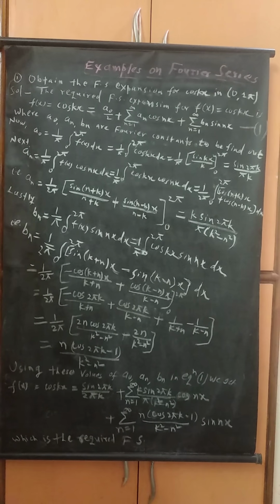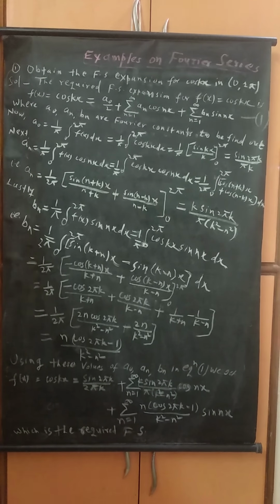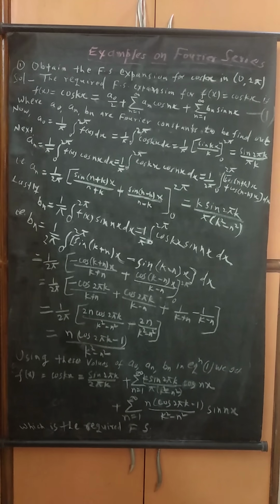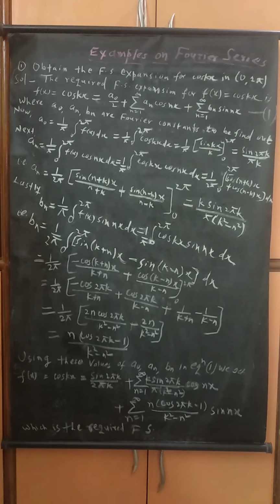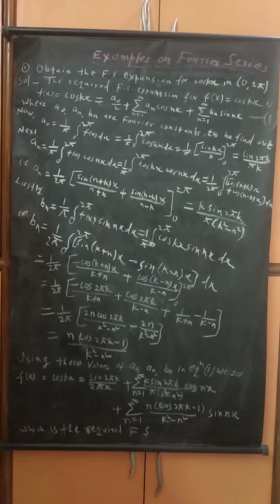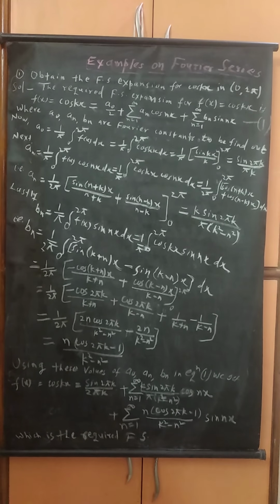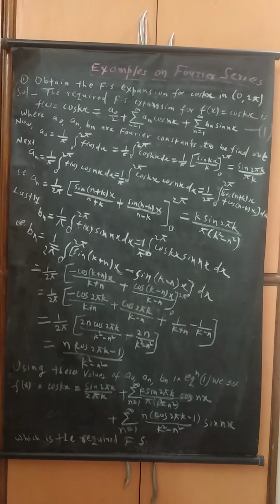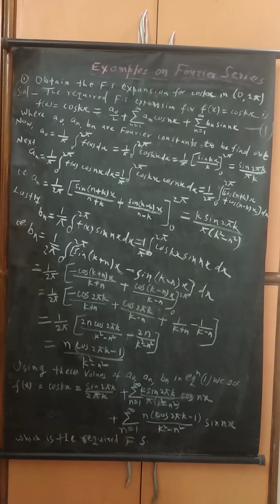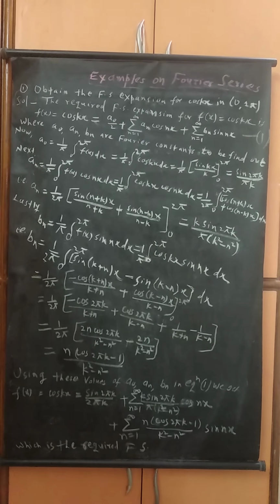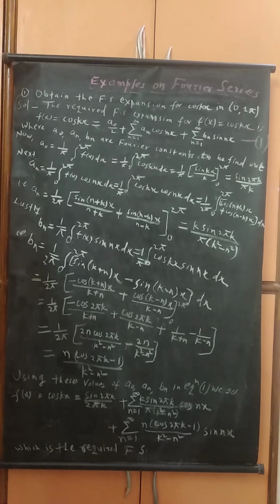Here we have to use the formula from trigonometry: 2 cos alpha cos beta is cos of alpha plus beta plus cos of alpha minus beta.